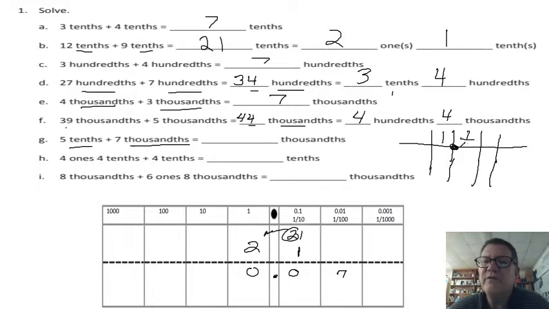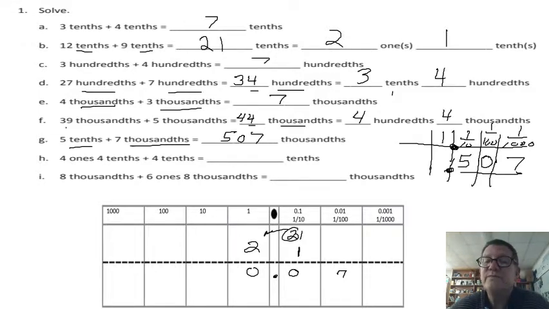This is our tenths, our hundredths, this is our thousandths. And it says 5/10, so I'm going to go ahead and write 5/10 in there. And I'm adding 7 thousandths, so I'll put 7 thousandths in there. And we have a placeholder to put right here. So if I'm just reading it to the thousandths, I would read it as a whole number, 507, not 500 and, but 507 thousandths.